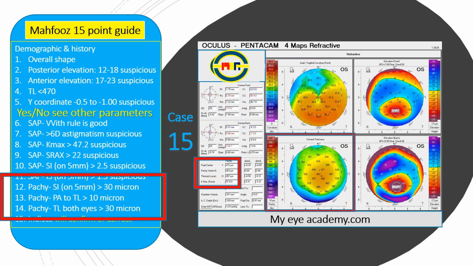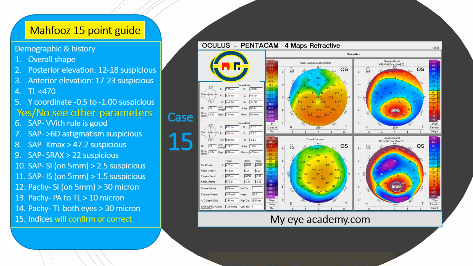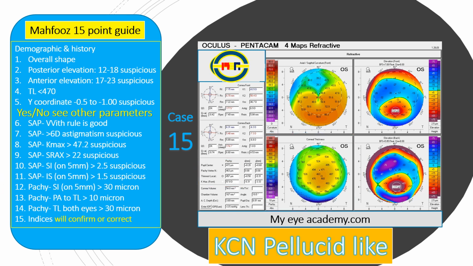On the Pachy one, we have got a 562 reading superiorly and 480 reading inferiorly, which is more than 30 micron. And look at the Pachy apex and thinnest location. The Pachy apex is 472 and the thinnest location is 457, so the difference is more than 10 micron. All these are indicative of abnormal cornea, and we confirm it.